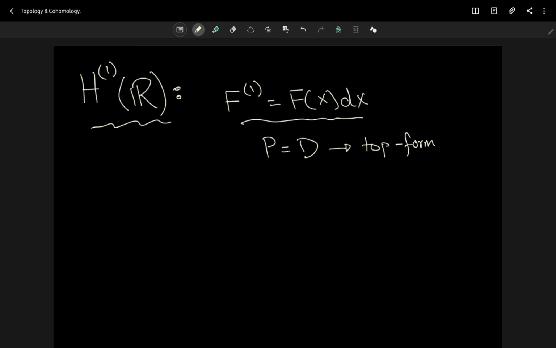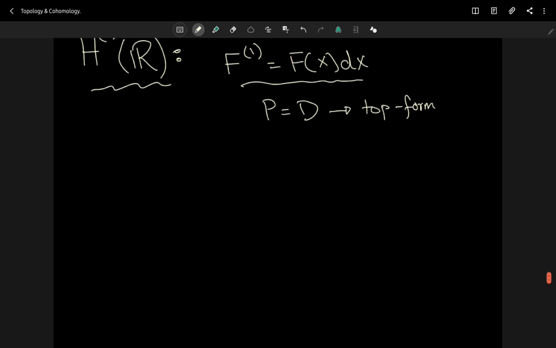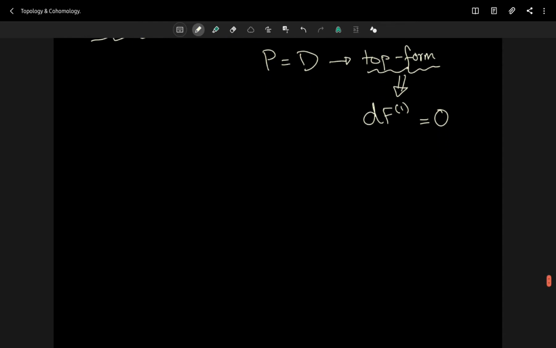If we have a top form, that further implies that df, the exterior derivative, should vanish. Hence all 1 forms in this case are closed, right? Because this also implies that the forms should be closed.